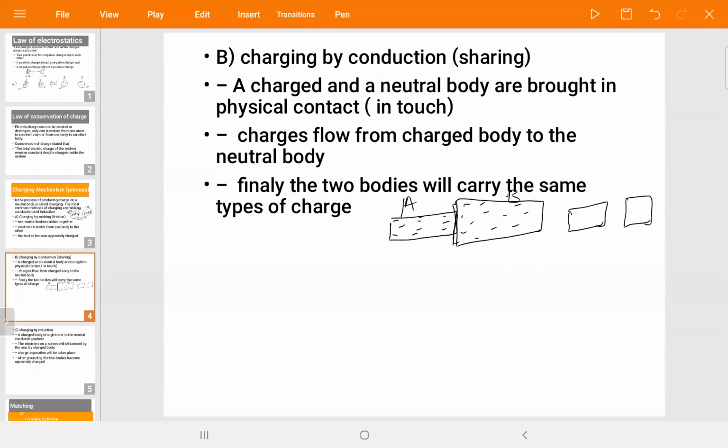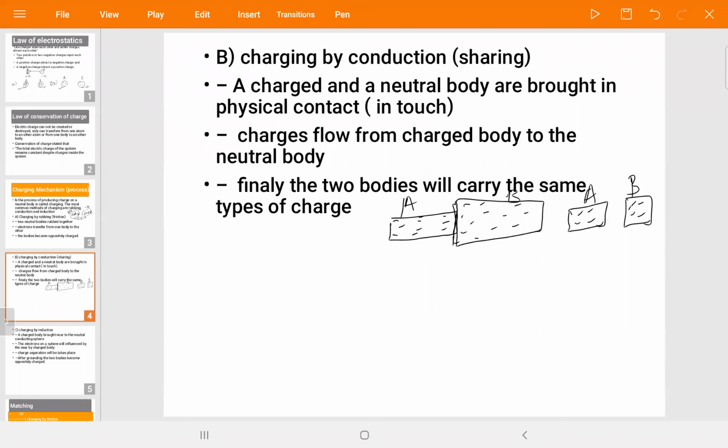Two bodies will be negatively charged. So finally, this process has resulted in two charged bodies of the same sign. They have the same type of charges.